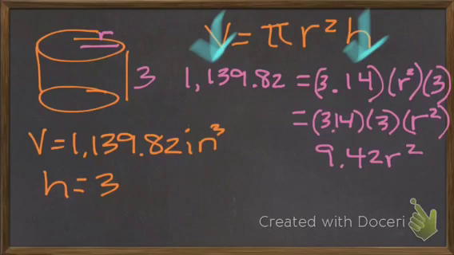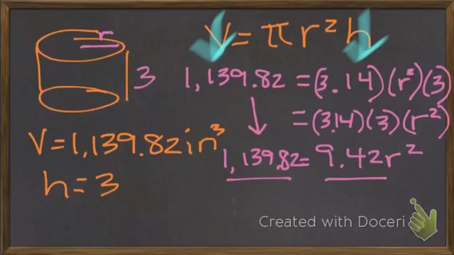R squared. Of course, I haven't done anything on this side, so I'm going to bring down my big, long number. So I have volume equals, this was pi times your height, times radius squared. And so now we've got to solve for radius squared. I know that it's 9 42/100 times radius squared, so I'm going to divide by 9 42/100.